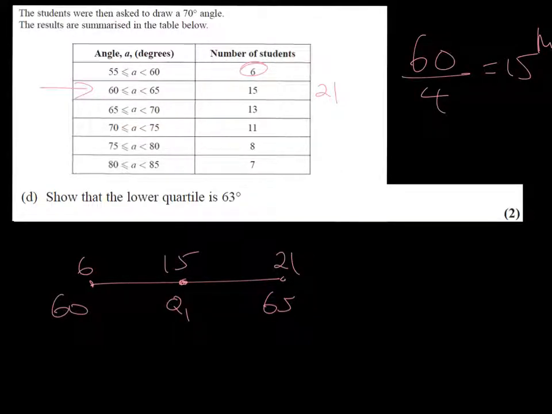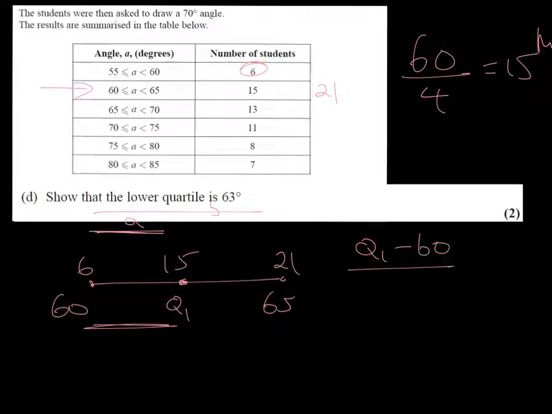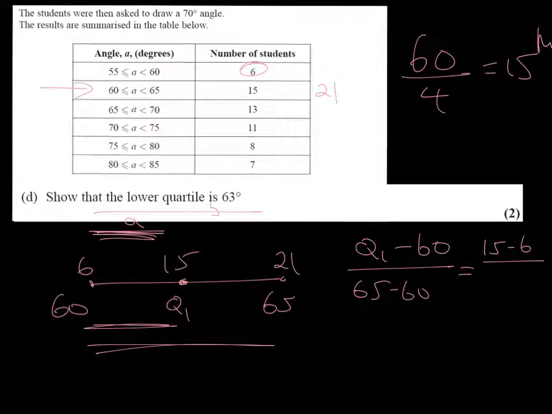So again, we are going to be looking in effect at the ratio of this distance to this distance in both instances. So if we do Q1 minus 60 as a proportion of this total distance here, 65 minus 60, that is going to be the same as this distance here, 15 minus 6, in proportion to this distance here, which is going to be 21 minus 6.